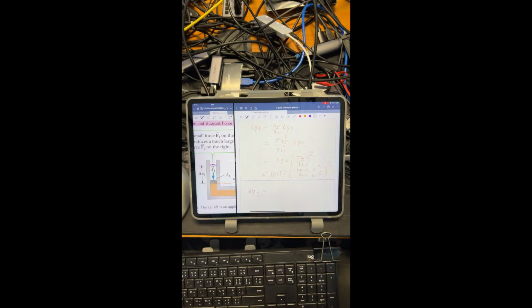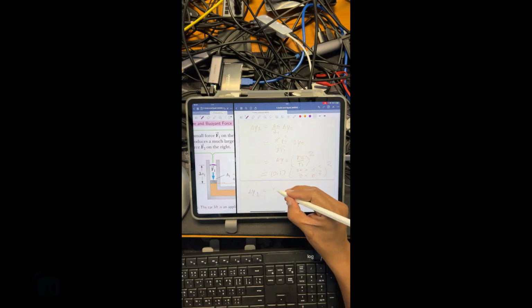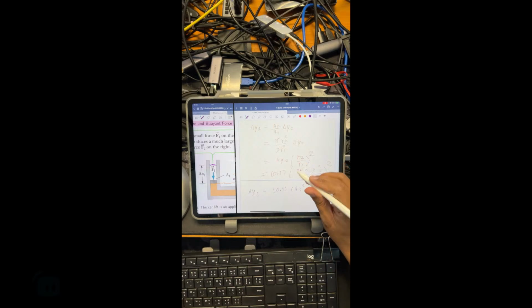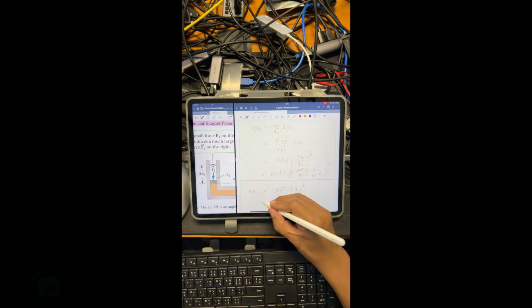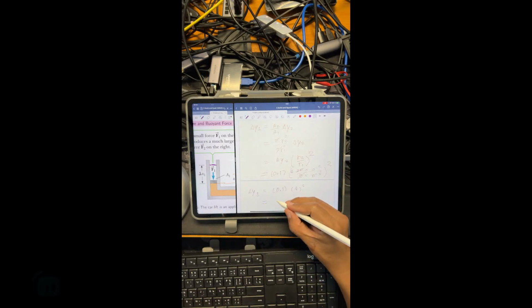They lift the car about 10 centimeters or something like that, okay. So it's 0.1, right, and here is 4 squared, right? Oh no, yeah, 5 and 25, 4, right? So it's 16 times 0.1, which is going to be 1.6 meter, right?